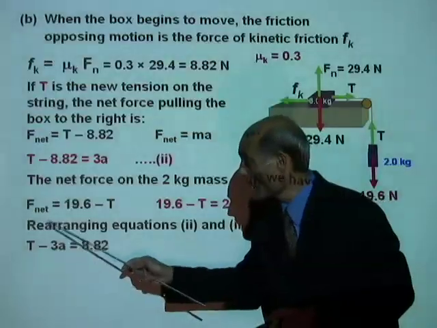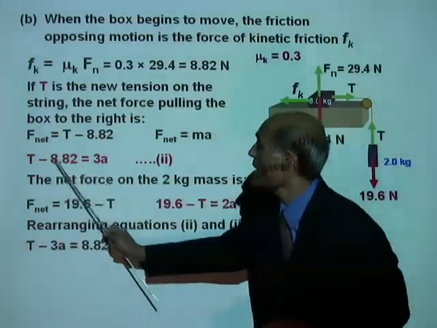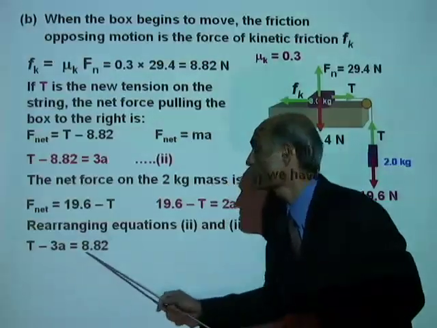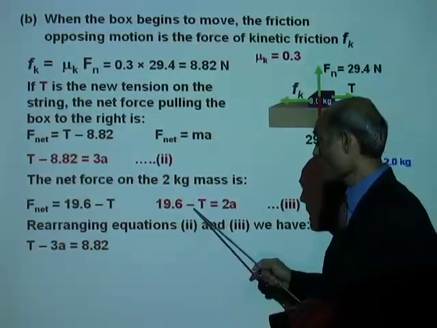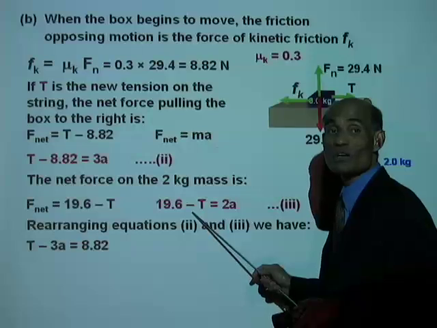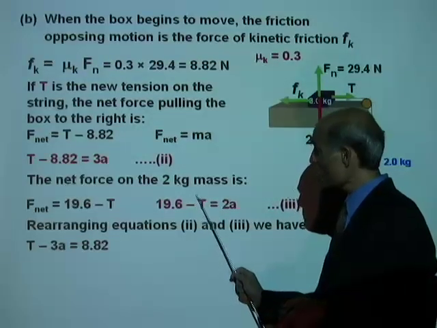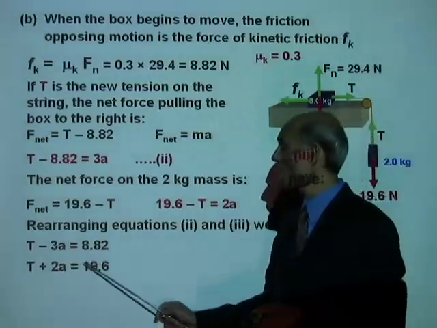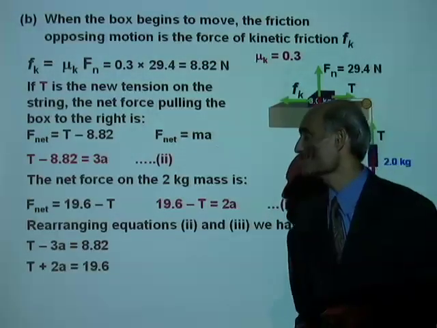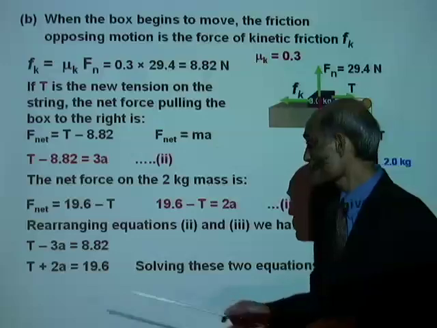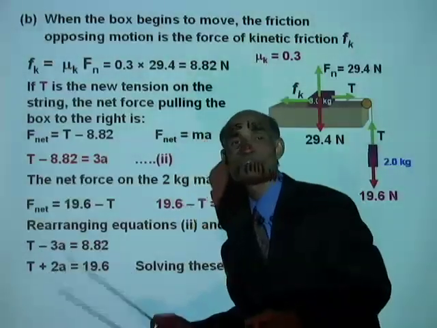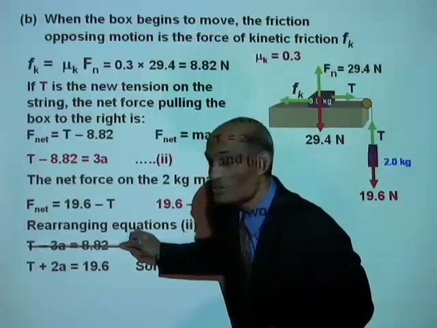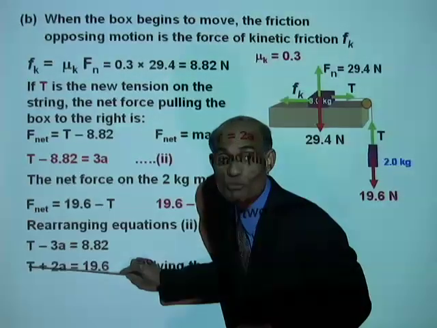Well, let's go this way. Rearrange equation 1: T minus 3A equals 8.82. And this equation, when you rearrange, take the negative 2 to the right side. It will become T plus 2A equals 19.6. And you can solve these two equations without any trouble. Well, this time, let's subtract the top equation from the bottom.